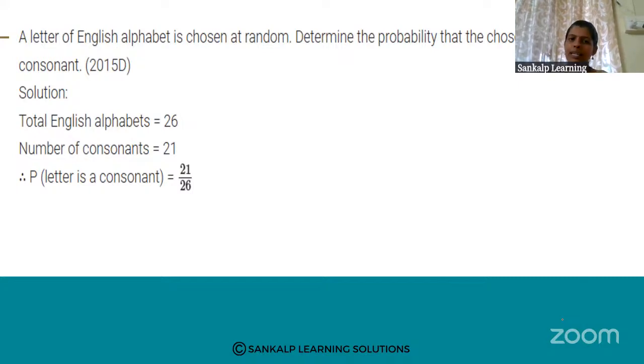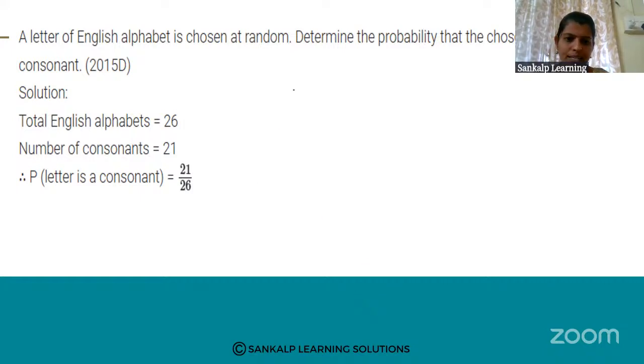Next, a letter of the English alphabet is chosen at random. This question was asked in 2015. Determine the probability that the chosen letter is a consonant. Solution: total number of English alphabets. How many alphabets are there in English?